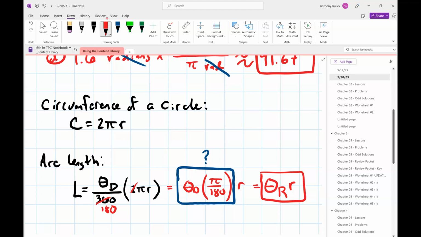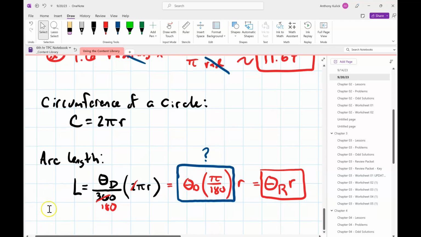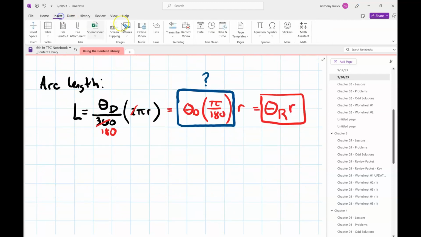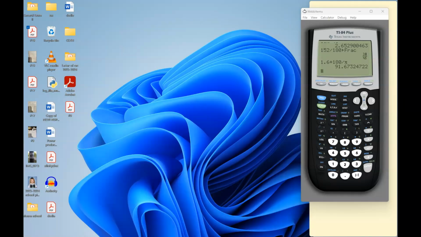So you're telling me if my angle is in radians and I want to find the arc length, I just multiply that angle measure by the radius, and I'm done. Yeah. So let's formalize that. We'll call that a definition.